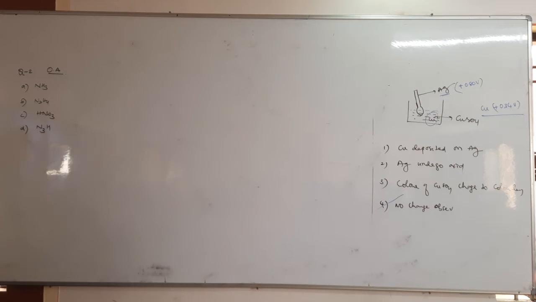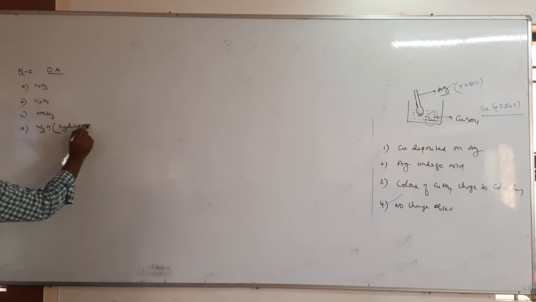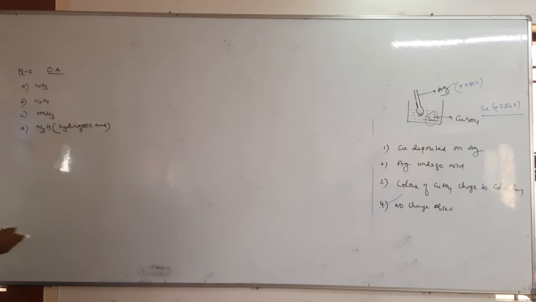Tell me, all these are nitrogen compounds, right? Ammonia, a nitrogen compound, then hydrazine, HNO3, nitric acid, and N3H. Ammonia is NH3, and N3H is hydrazoic acid.